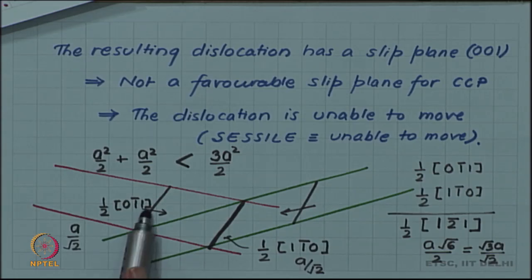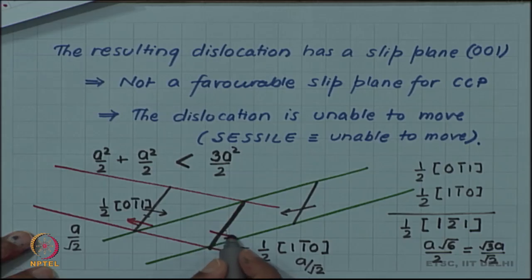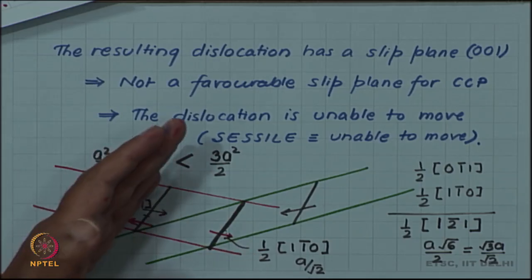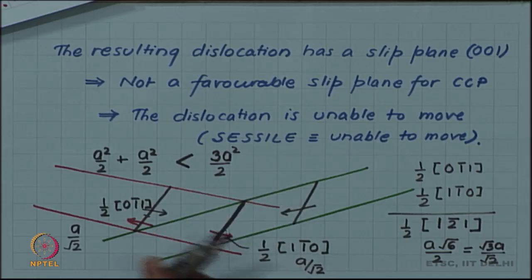So, this dislocation now will not like to combine with this dislocation, or in other words these dislocations feel a repulsion. So, this dislocation will not like to move towards this sessile dislocation and get combined. So, not only is this sessile dislocation unable to move, it will start stopping the other dislocations which are coming on the same slip plane towards it.